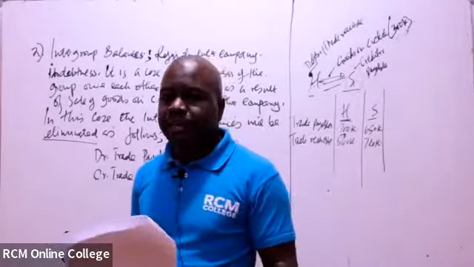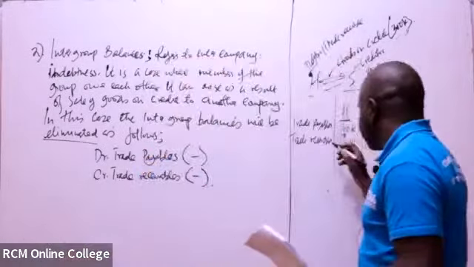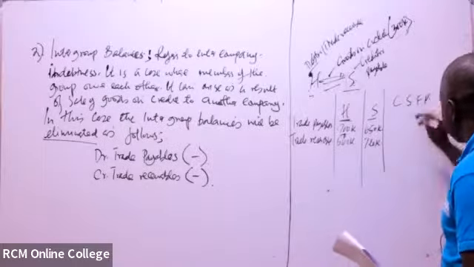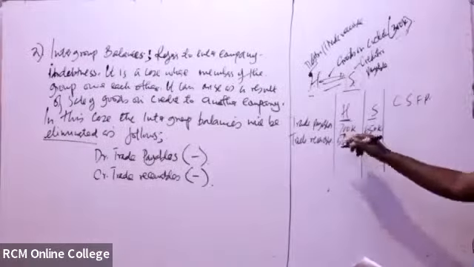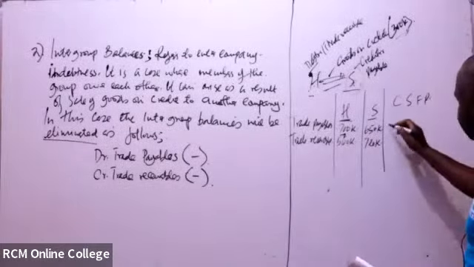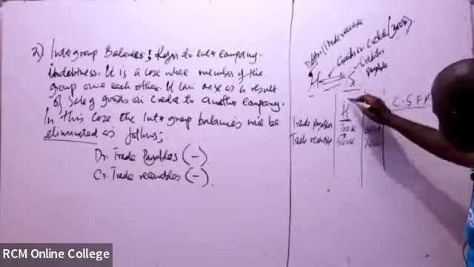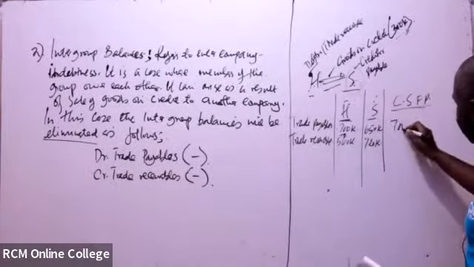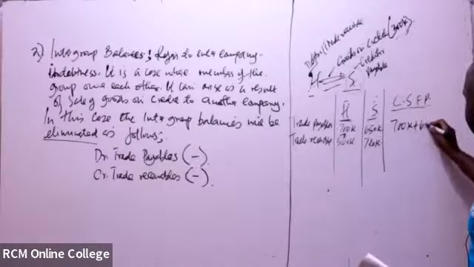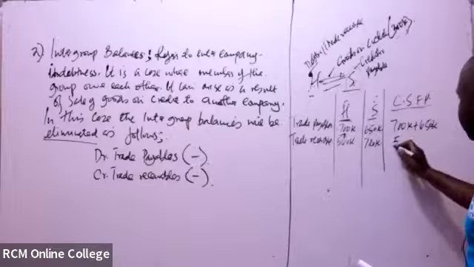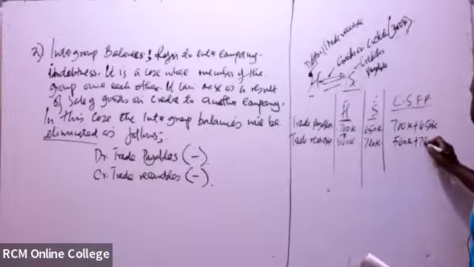So to get the consolidated trade payables, we'll be adding 700K plus 650K, and for the trade receivables, we'll be adding 560K plus 720K.